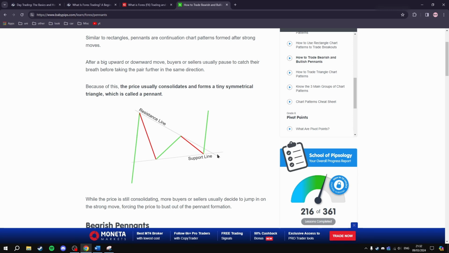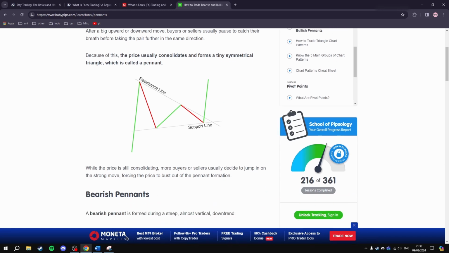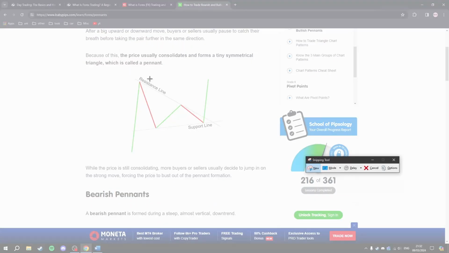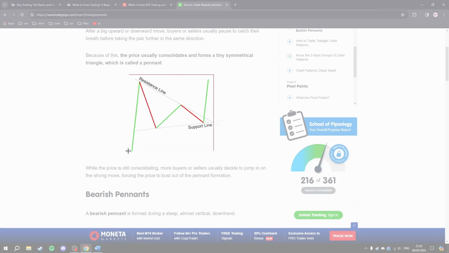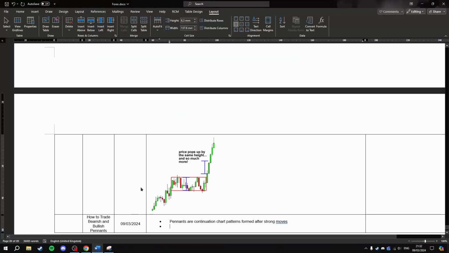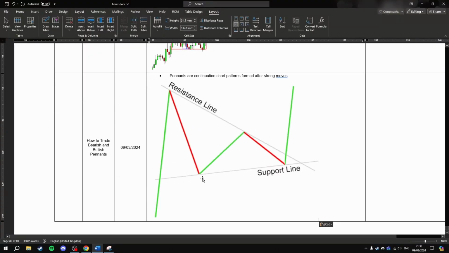Oh no, it's that grey line thing. Oh wait, let me just get a better photo. Right, okay.